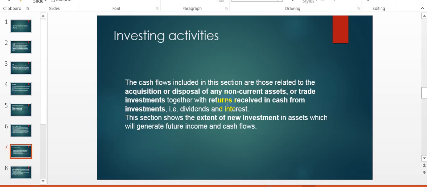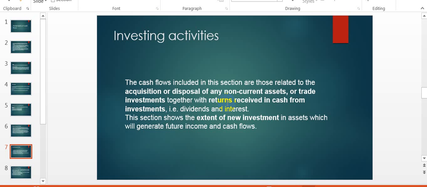You got that? You start with the opening balance. To the opening balance, you add any revaluation of assets which has taken place in the year. You take out the depreciation charge for the period. You take out any disposals of assets that has taken place.